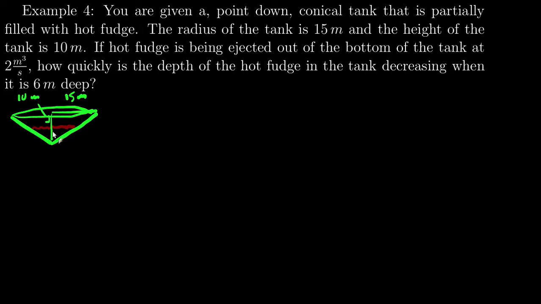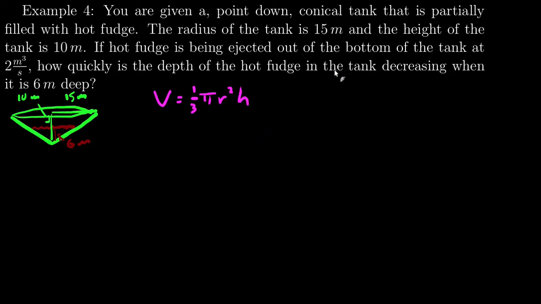So in here, I guess it's worth noting that it's currently 6 meters deep. So let's do the work. I'm dealing with the volume of a cone because the hot fudge in this sort of tip of the cone will take on a cone shape itself. So V equals 1/3 pi r squared h.